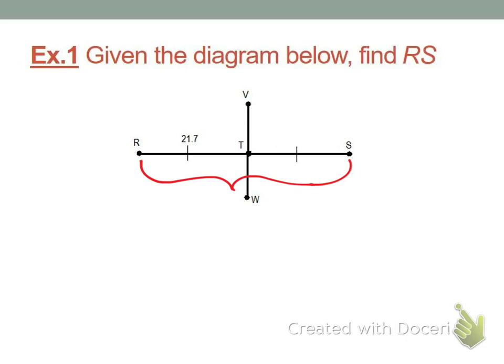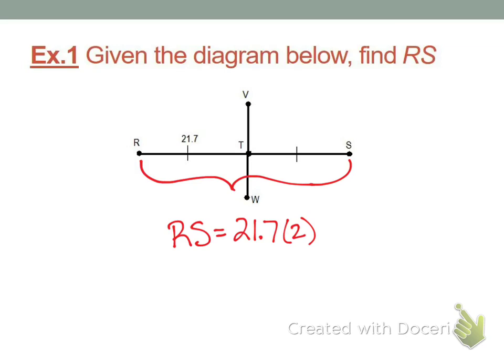So does anybody know what RS is going to be, John? 43.4. How'd you get that? I added 21.7 times 2. Good. So we know that T is a midpoint if these are marked as congruent segments, or we know that RS is getting bisected in the middle there.